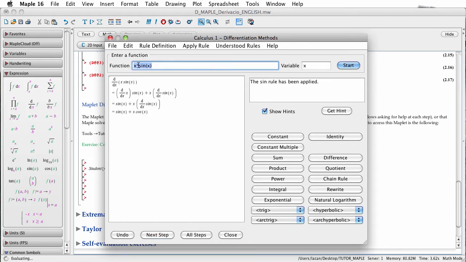Let's see now what happens with sine of x divided by x.